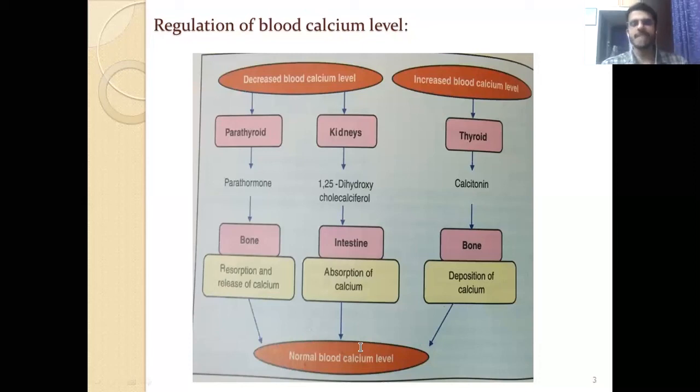When the blood calcium level increases, the parafollicular cells of the thyroid gland will produce a hormone called calcitonin, which causes deposition of calcium in the bones. Easy way to remember, calcium in.